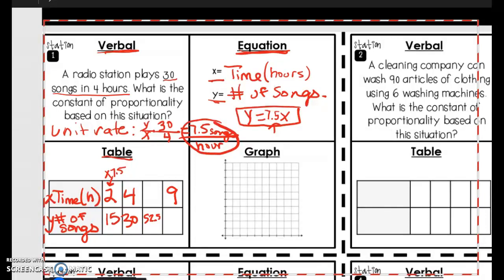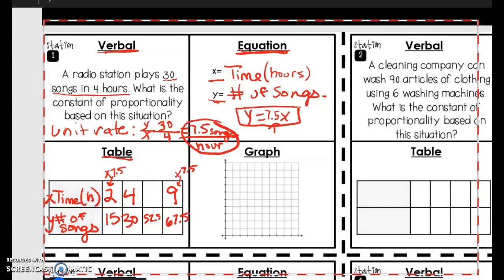If I get 4, and if I double 15, I get 30. So that was a proportional relationship for me. All right, I'm going to go ahead and jump down to 9 since that's also an x value. I know I need to do the same. So 9 times 7.5, I'm getting 67.5 songs.